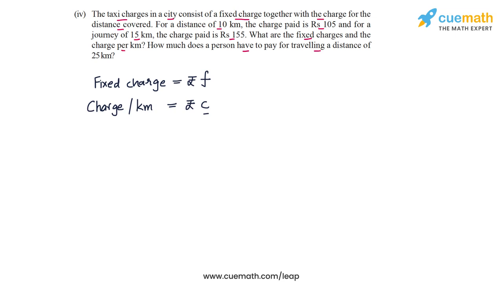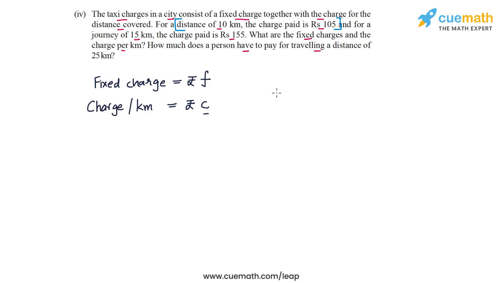Now we have to form, using the given information, a pair of linear equations in these two unknowns F and C, and then we have to solve them and find the value of F and C. So what are the two pieces of information given to us that will help us set up two linear equations? Well, the first one is, for a distance of 10 kilometers, the charge paid is rupees 105.